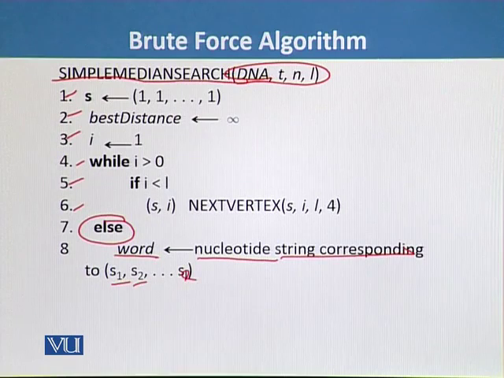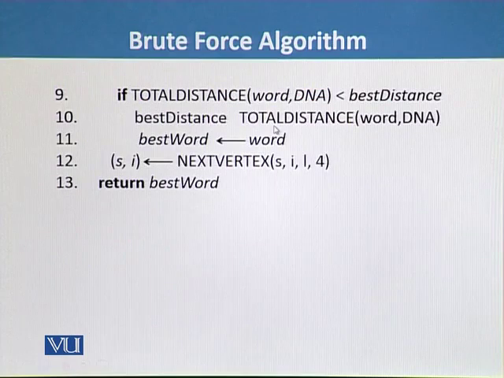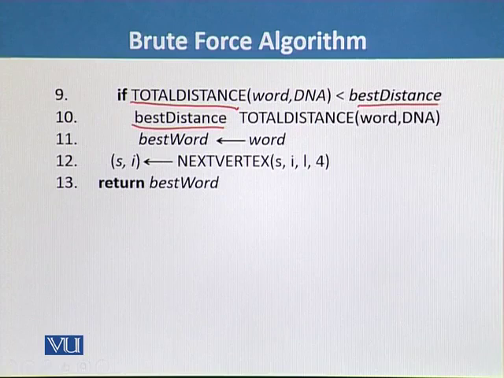So we assign this word up to the maximum of sL. The next step is to calculate the total distance, and if it is less than best distance, then it will be the best distance. If not, we will go further and the next vertex algorithm will be applied, and we will get the best word.